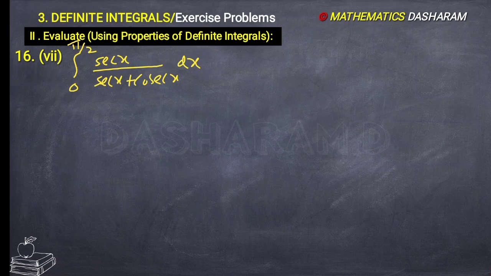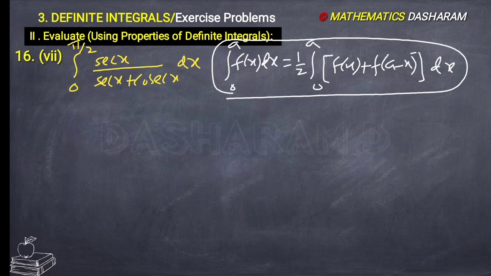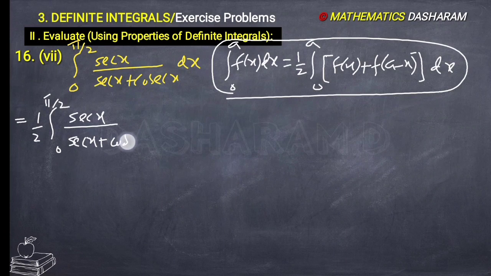Next question, integral 0 to pi/2 sec x by sec x plus cosec x. Here the suitable property is, as per this property, 1/2 integral 0 to pi/2 f(x). So this is f(x), sec x divided by sec x plus cosec x, plus f(a minus x).